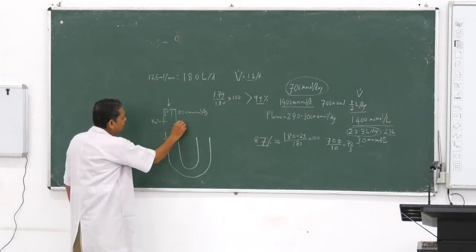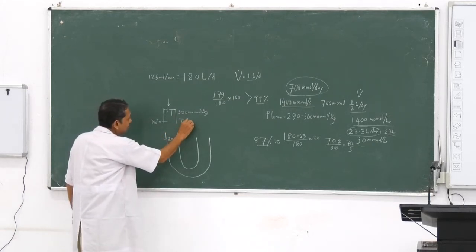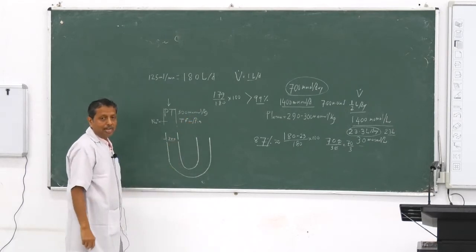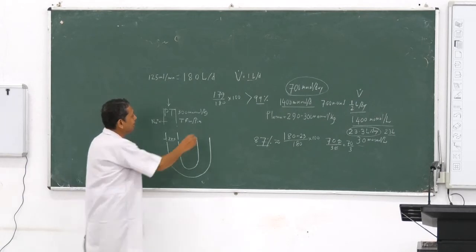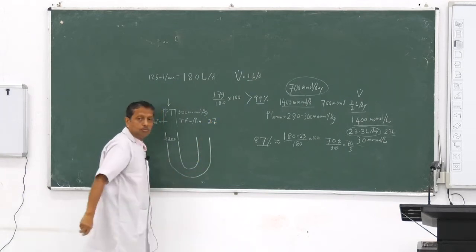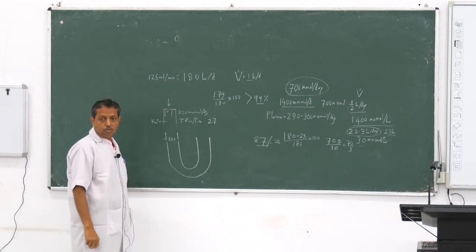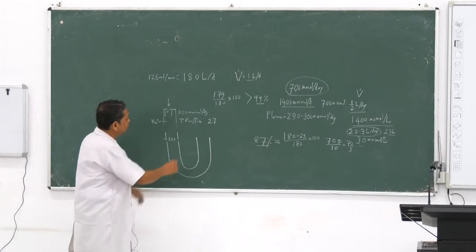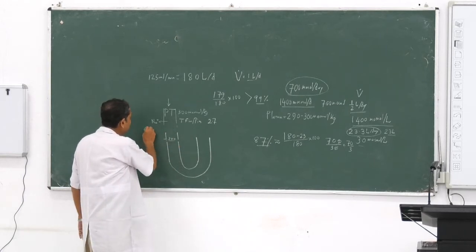But the tubular fluid inulin divided by plasma inulin concentration, in experimental animals it has been measured, is 2.7 or so. So almost one third, 60 to 70% of water is reabsorbed.